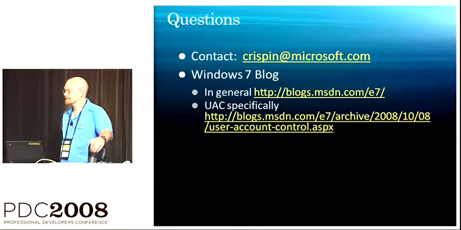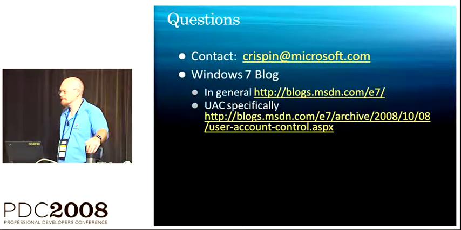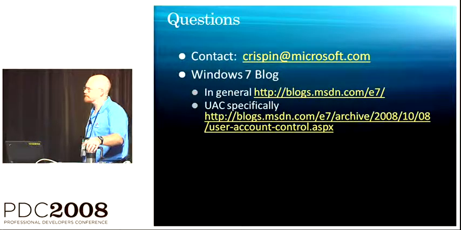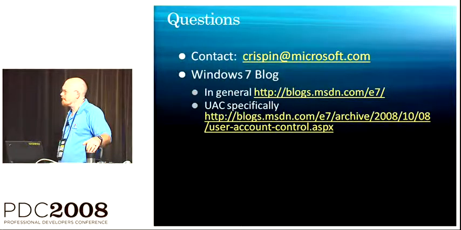So, the other question is, one of the problems with UAC is that apps running in the browser don't support manifests or UAC prompts. So if you're running the browser as a standard user, and your browser-based app needs to be an administrator, you're kind of in trouble at that point.